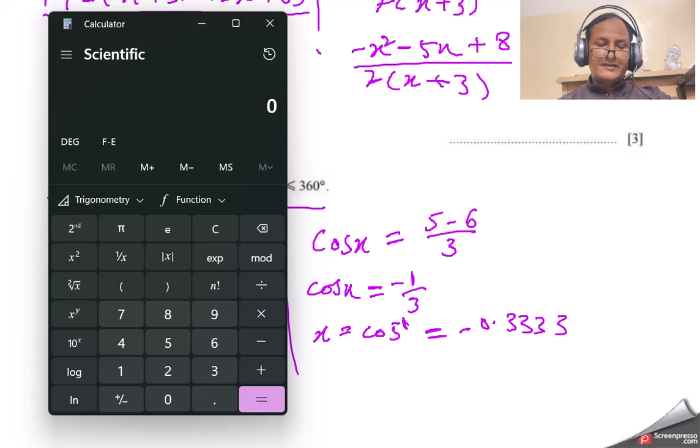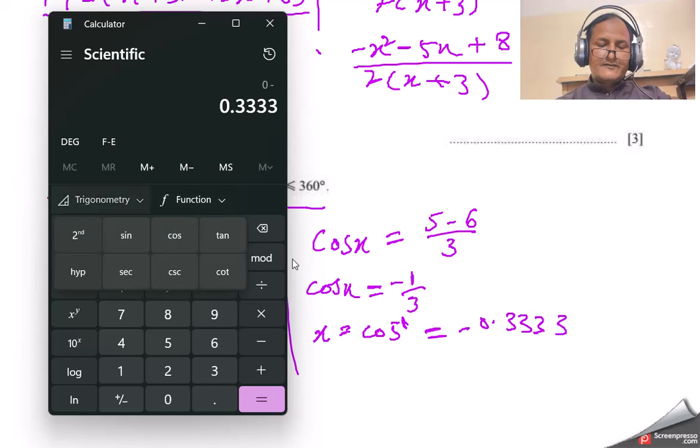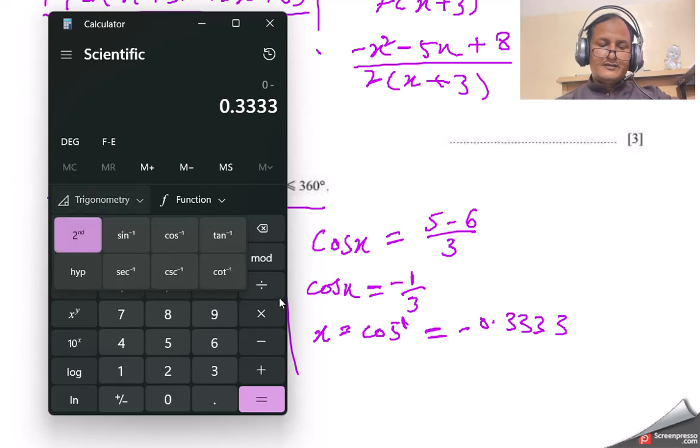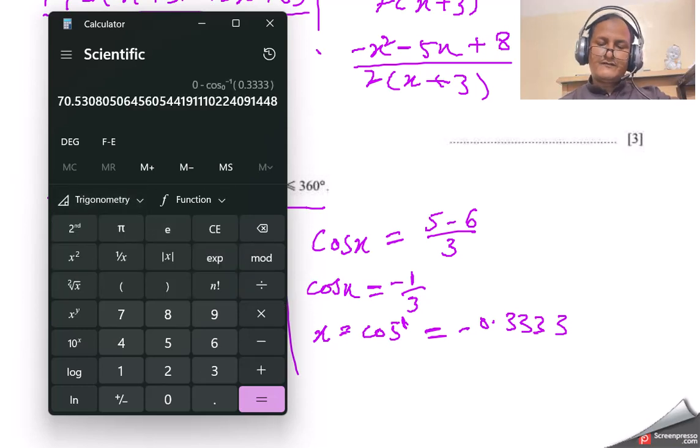We're supposed to find the cos inverse of minus 0.333. Okay, we have shift cos inverse. I think we made some mistake. Minus 0.3, shift cos inverse gives 70.4.